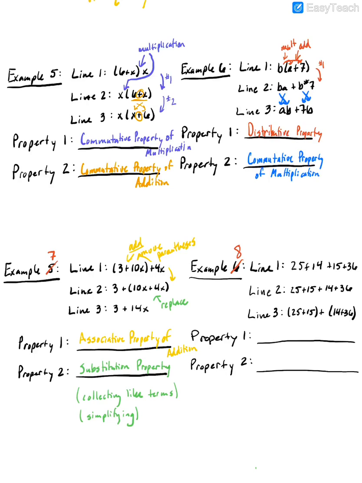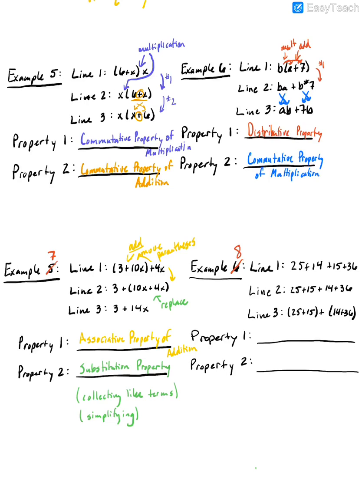All right, and then go to the last one. So like in my notes, it says example 6. I'm not sure about yours, but just know that it's example 8. So it's our last one here. So looking at line 1 to line 2. Now here, there's no variables, all numbers, but I still want to recognize what happens here.